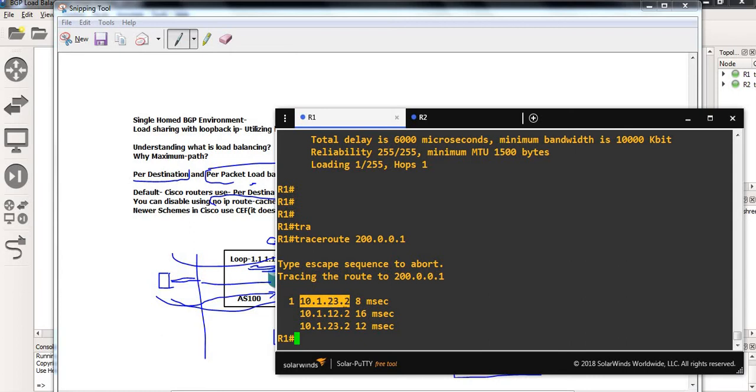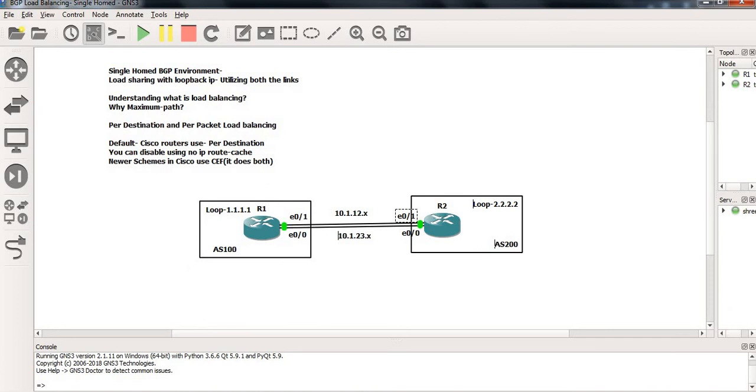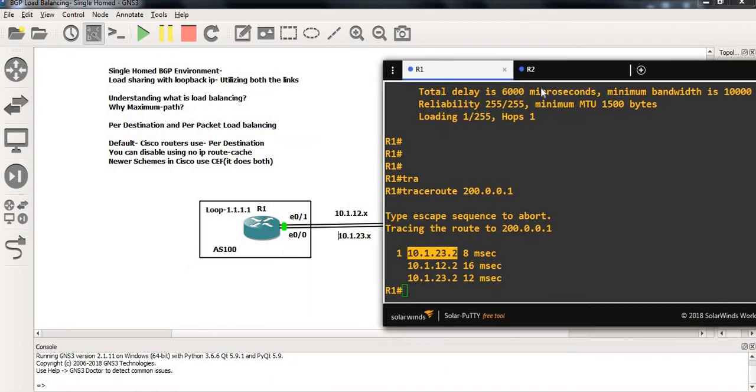The first packet is going via 23.2. Let me just bring up this topology here to make you understand.